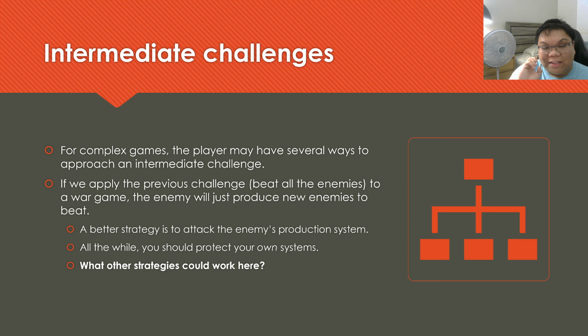It's at that point that you want to start thinking about different strategies to try to beat this level. Maybe you want to go on the attack. Depending on the game, you might have to instead attack the enemy's production system. Now we're talking about StarCraft. Or maybe you can build up your own forces and just go in brute force. That can also work. All the while, you must also protect your own systems.